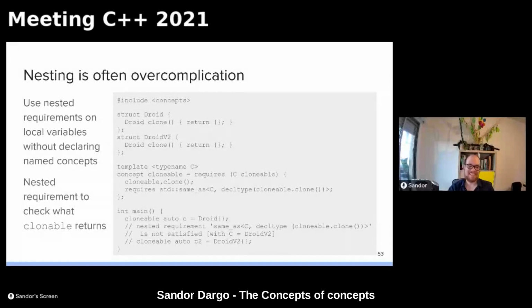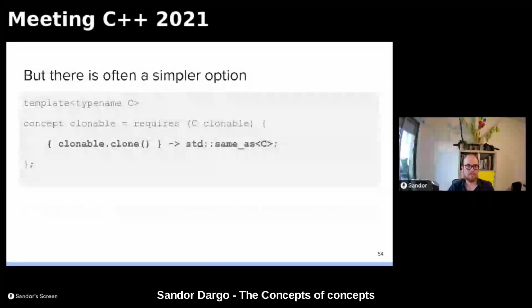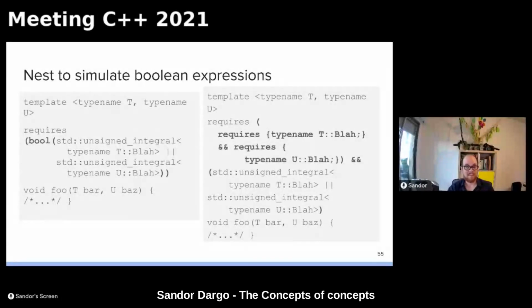But that nested requirement, again, it's overcomplication of things, because we could have written simply that clonable.clone should return the same type as the type of the clonable. So often when you would use a nested requires expression, it's really not needed. But in some cases, it comes in handy.